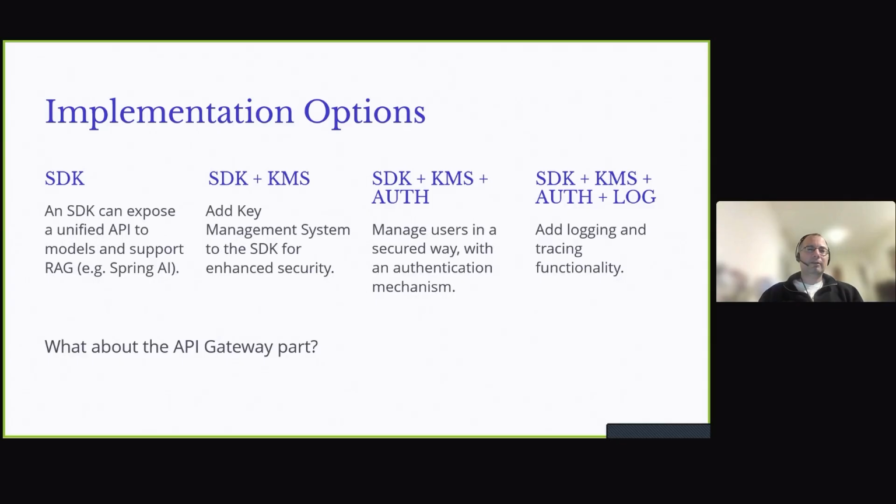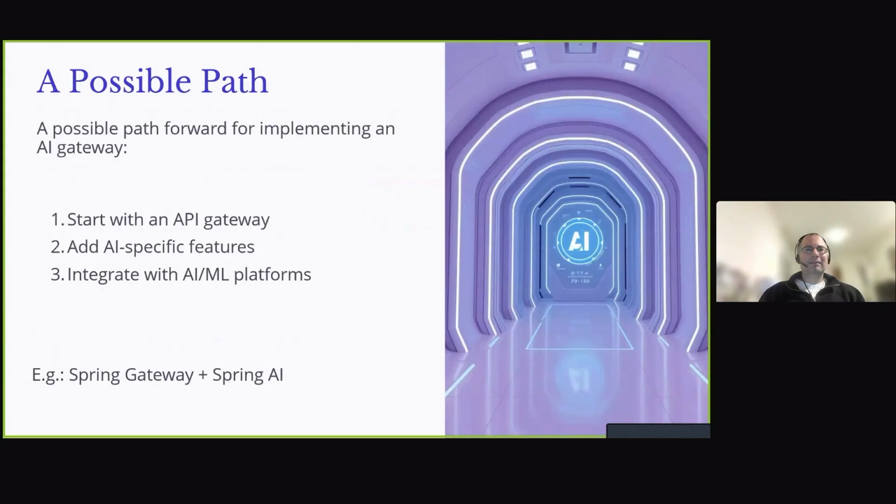But you might have noticed that we're missing the API gateway part, and so we can just add it, right? So maybe it's even better to go the other way around, starting with an API gateway that you probably already have, and then add those AI-specific features as a library or some other gateway.